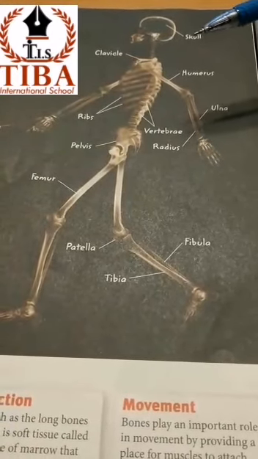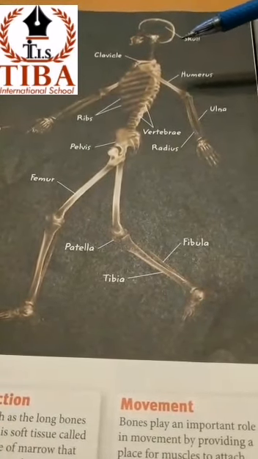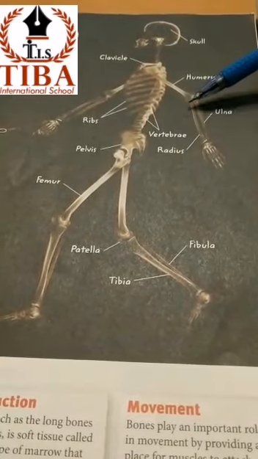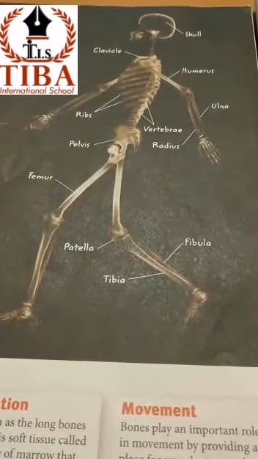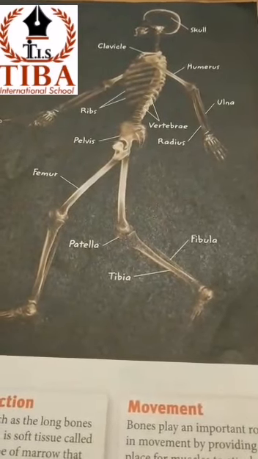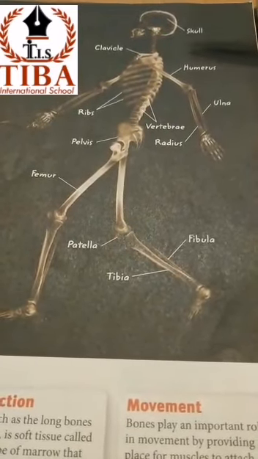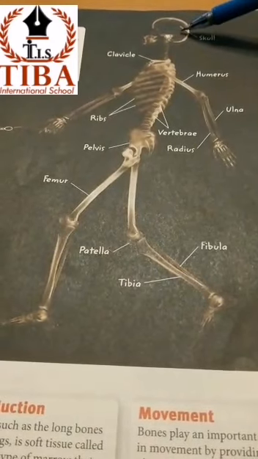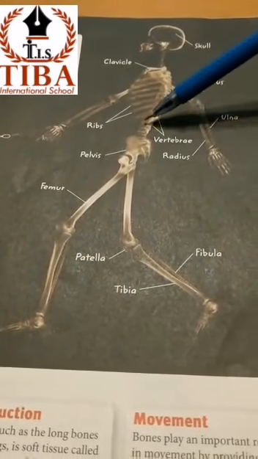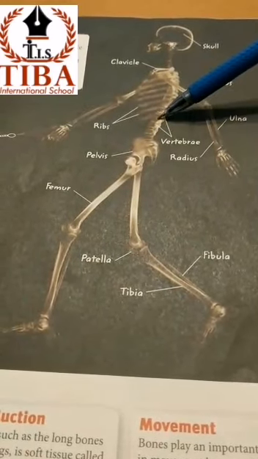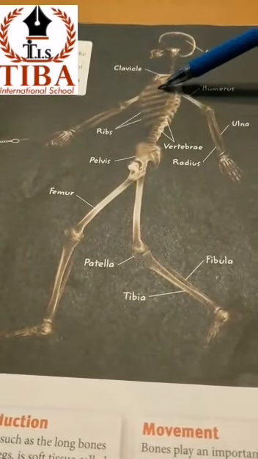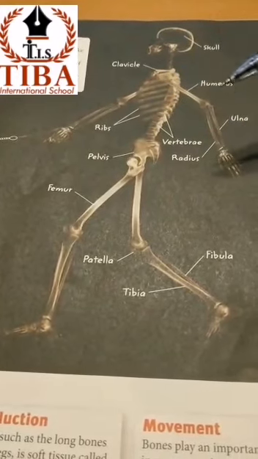Okay, I will remind you what we have said. We said before that the skeletal system is made up of two parts. The part responsible for protection is called the axial skeleton, and the other one, responsible for movement, is called the appendicular skeleton. The skull protects the brain. The vertebral column protects the spinal cord, and your ribs or rib cage protect the lungs and the heart.